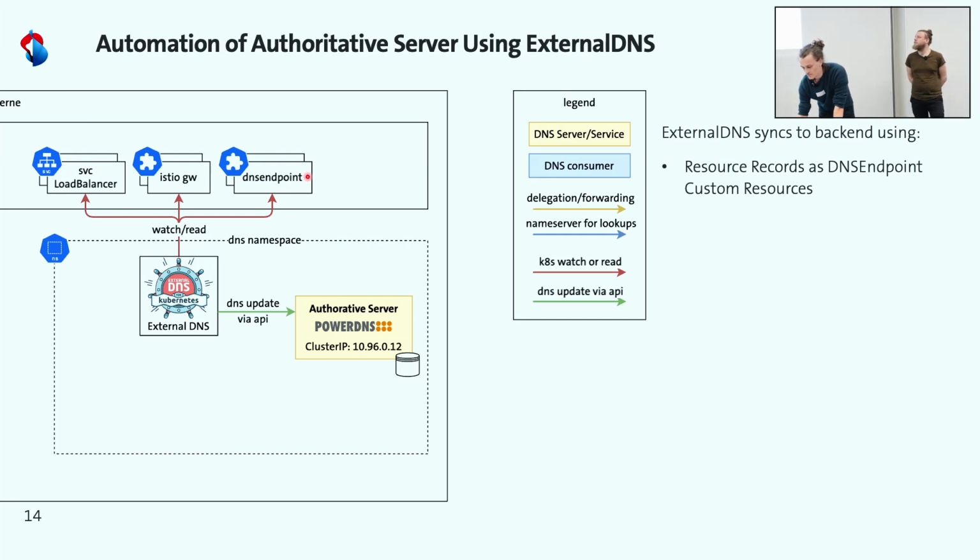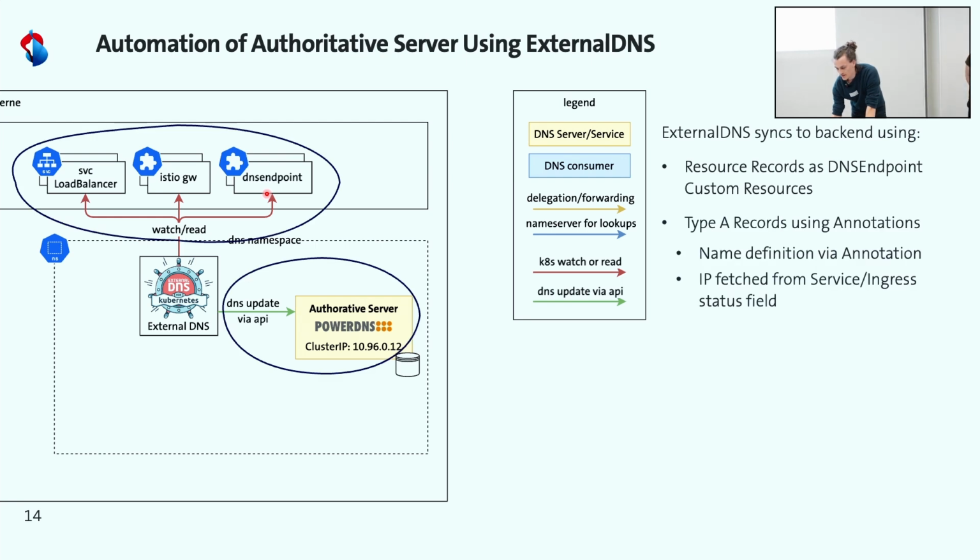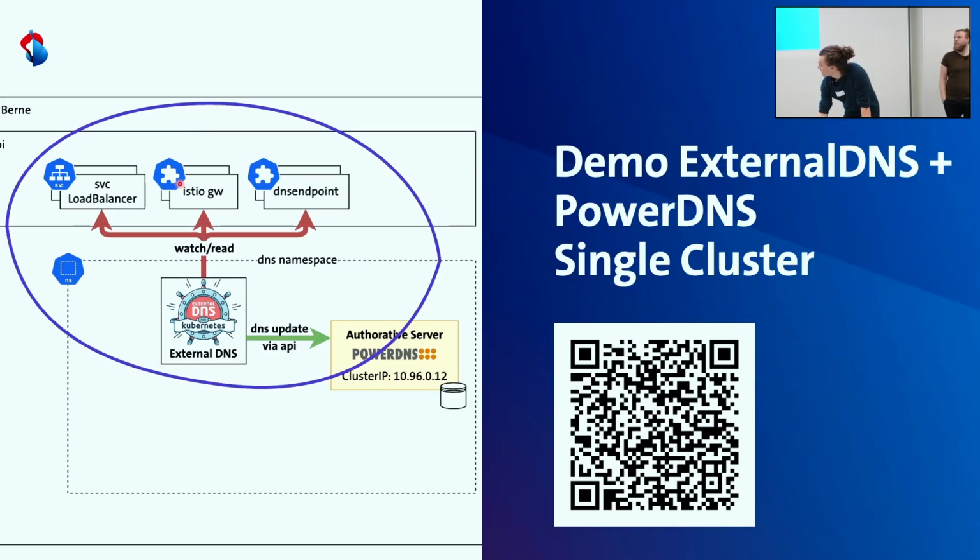This is a specific resource for external DNS, which I will show you later. But the nice thing is it also watches other resources, such as services, load balancer, or Istio gateways. And on these resources, it looks for annotations. And with these annotations, it will know the domain name and can then automate the creation of this in PowerDNS.